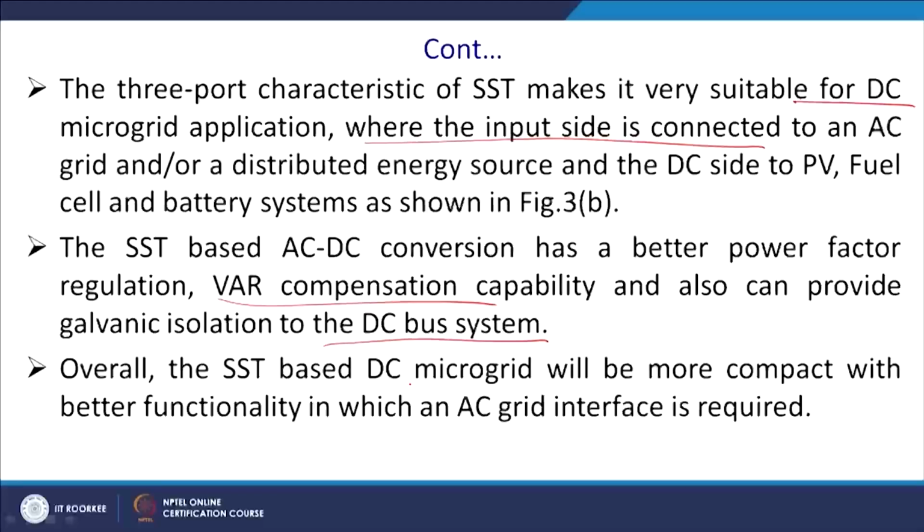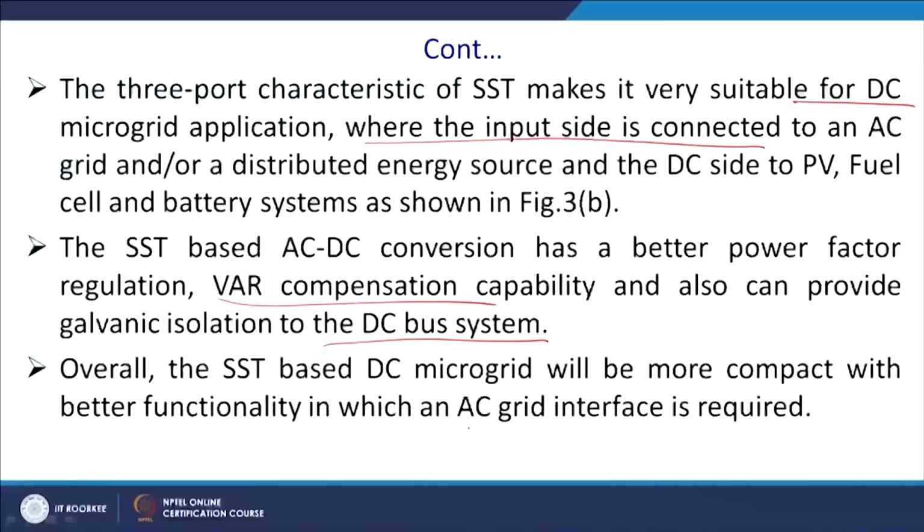The overall SST based microgrid will be more compact because of the high frequency, and with the penetration of high bandwidth devices like silicon carbide, the power handling capability can go up to the megawatt level, with better functionality at the AC grid interface.